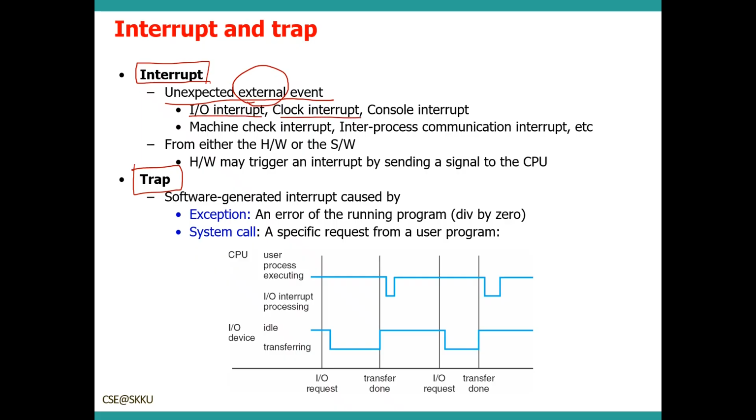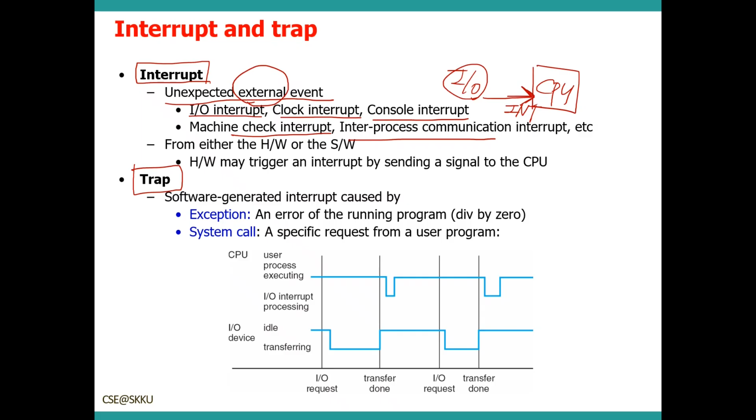These are hardware interrupts or console interrupts. These I/O devices can generate an interrupt signal to the processor. Generally, the processor has an interrupt input pin, and I/O devices can send an interrupt request to the processor. Machine check interrupts or inter-process communication interrupts are also included.